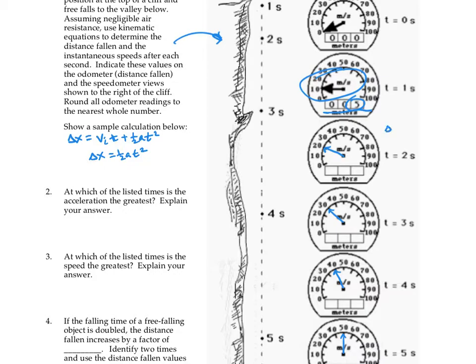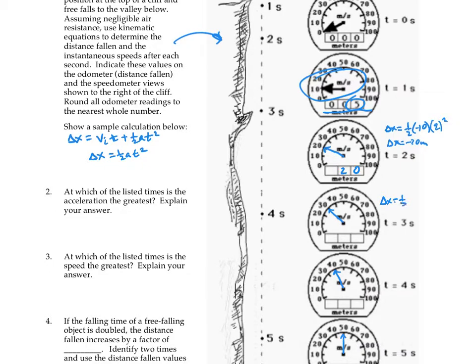For 2 seconds, that displacement is 1/2 times -10 times 2 squared, which would give us a displacement of -20 meters, which I know the negative just means down. So it just traveled 20 meters after 2 seconds.